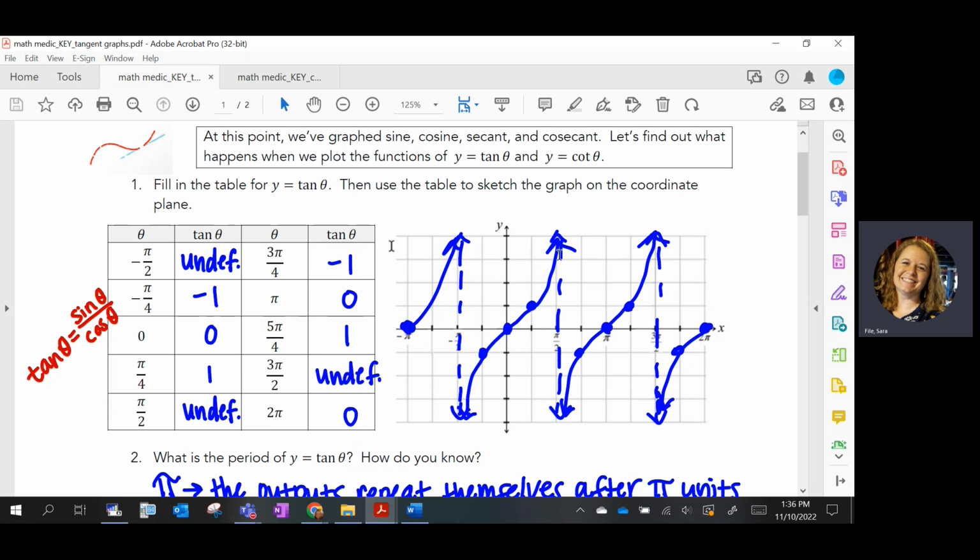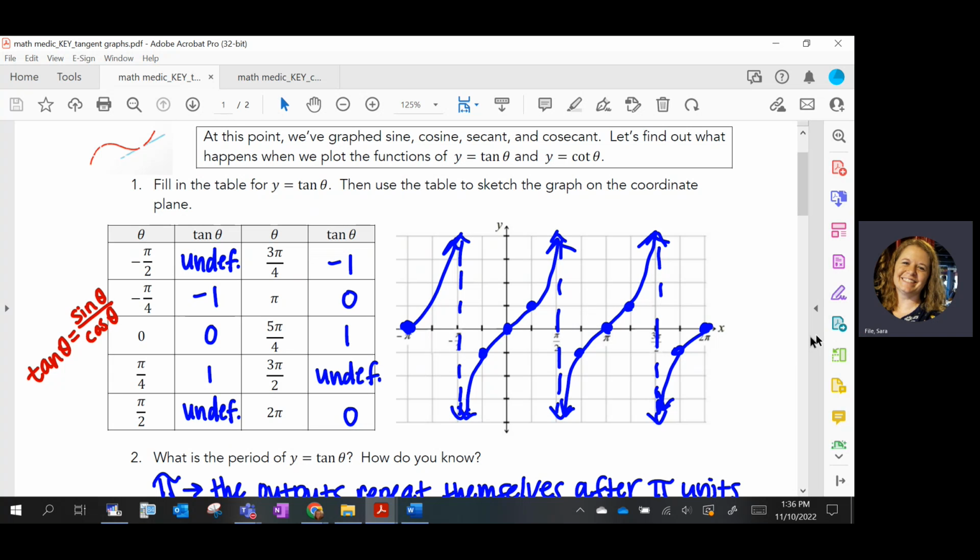So you can see those vertical asymptotes, and then in between are pi and 2 pi. So the zeros are at multiples of pi. Okay, and then in between those, we've got the tangent values at 1 or negative 1. So it creates in between the asymptotes these curves that are increasing from left to right. Okay, so this is what your tangent graph should end up looking like.